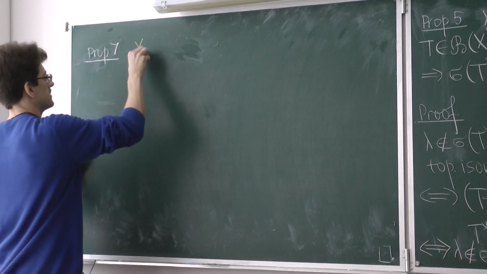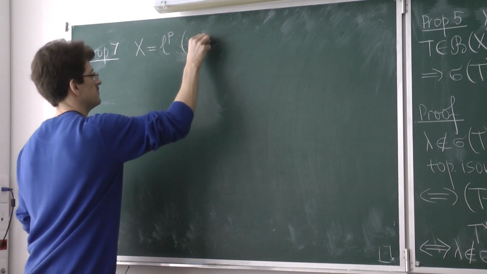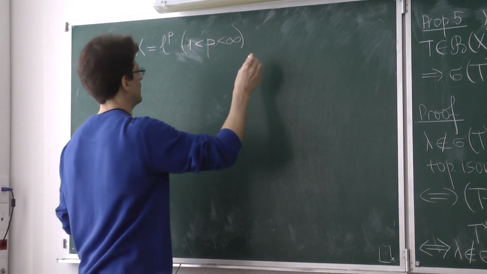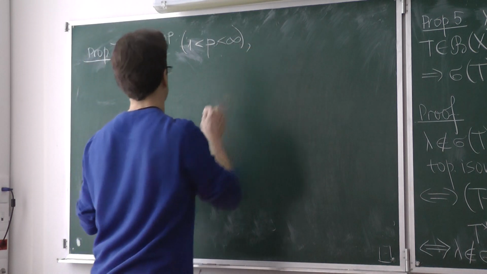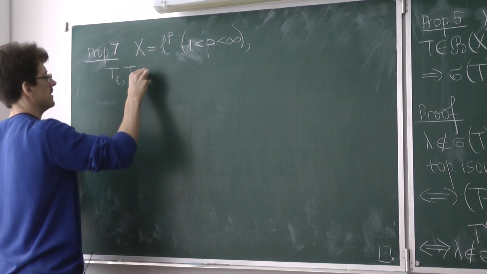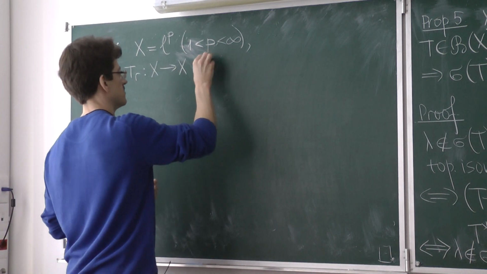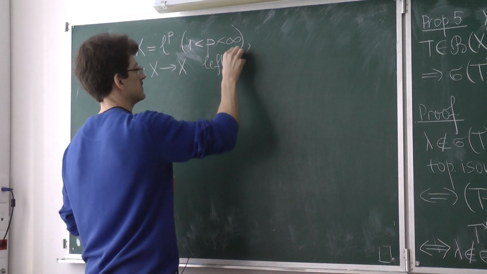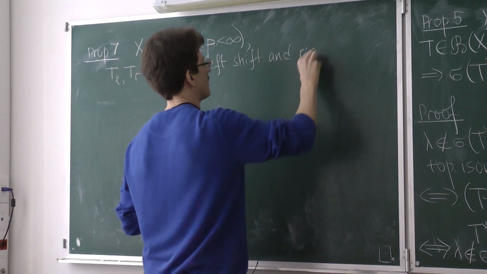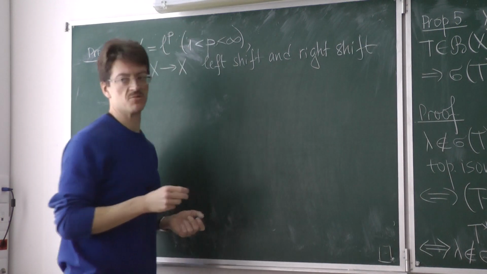Let X be the little p space. For simplicity, we assume that p is strictly bigger than 1 and is finite. And let TL and TR denote respectively the left shift operator and the right shift operator.